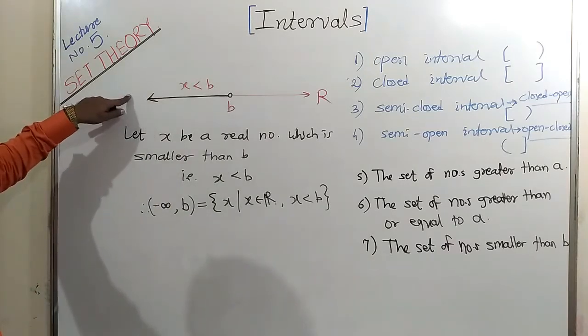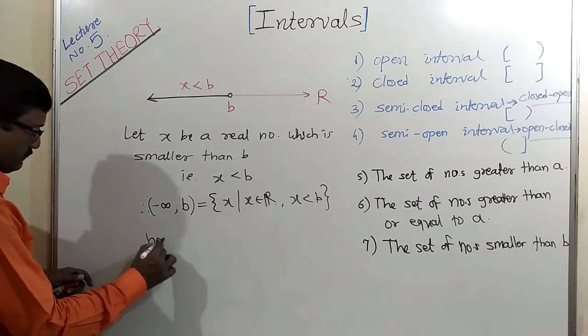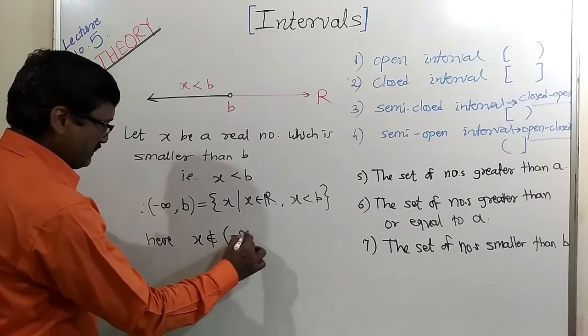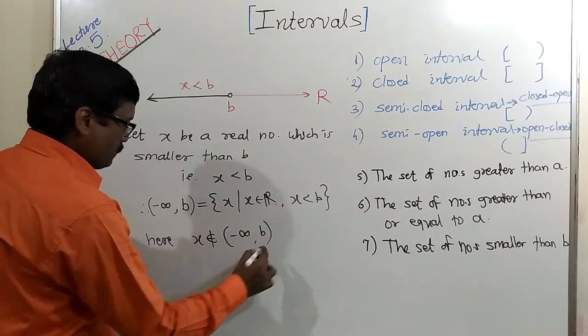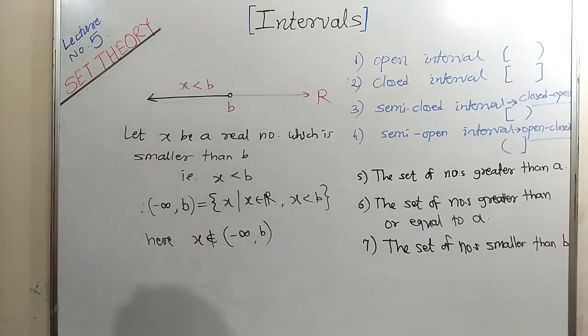This is the diagrammatic representation. This is its set builder form. And here, in this case, x does not belong to minus infinity to open B because the value of x is not equal to B. That is important.